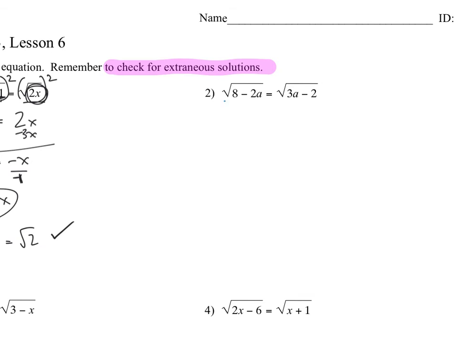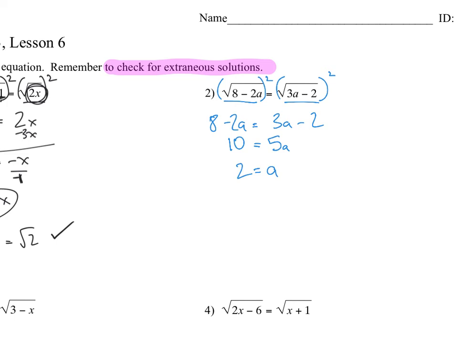So you can see you've got a square root on the left and a square root on the right. Easiest way to eliminate that is to square both sides, which will eliminate the radicals. All right, moving all the letters to one side and the constants to the other, we end up with, if I divide both sides by 5, I get a equals 2.